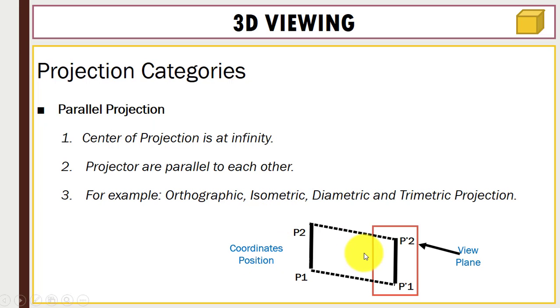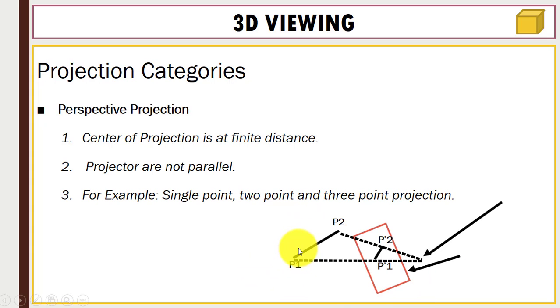So you can see this is an example of parallel projection. Here you can see the lines are parallel to each other, so the projectors are parallel to each other, and the center of projection is at infinity, and this is the view plane, and here we have the coordinate position. Next is perspective projection.